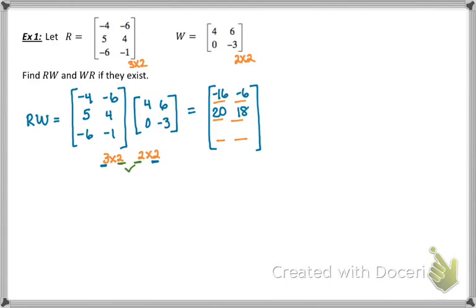Moving on to the last row. Next element is in the third row, first column. -6 times 4, -24, plus 0 is still -24. -1 times 0 is 0.